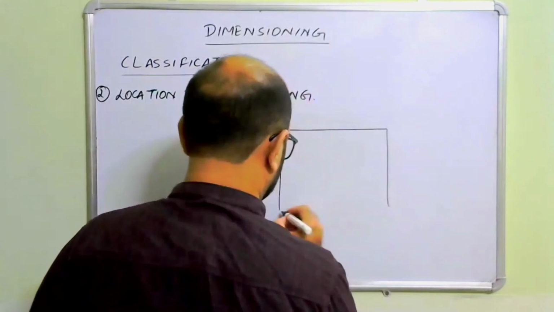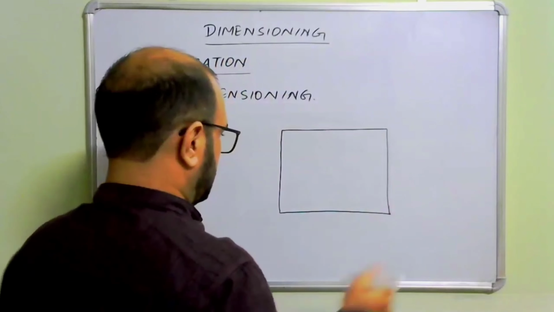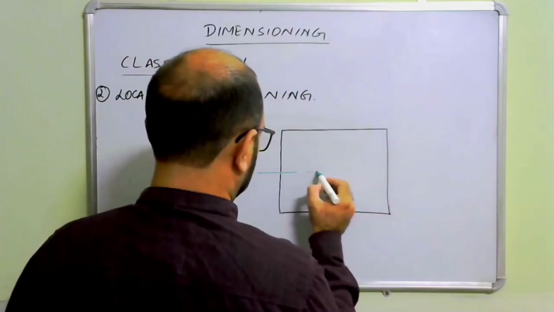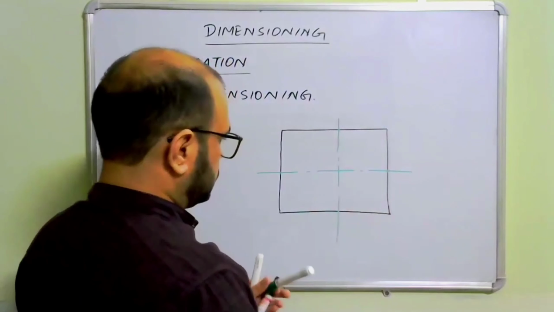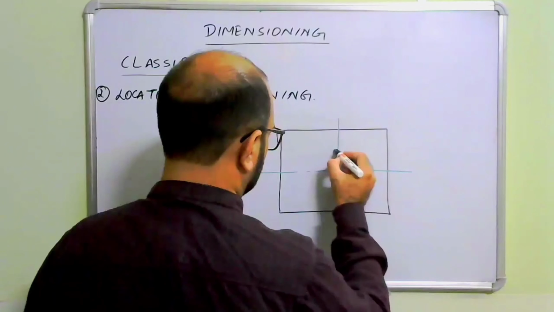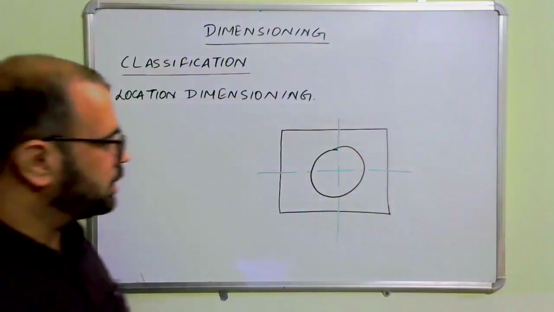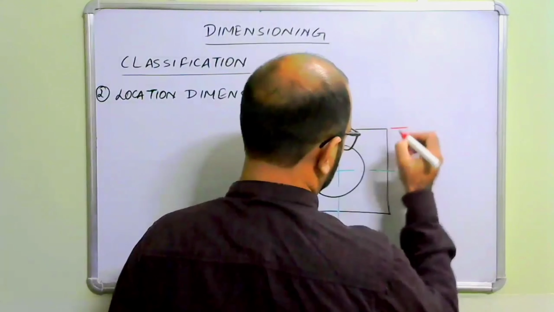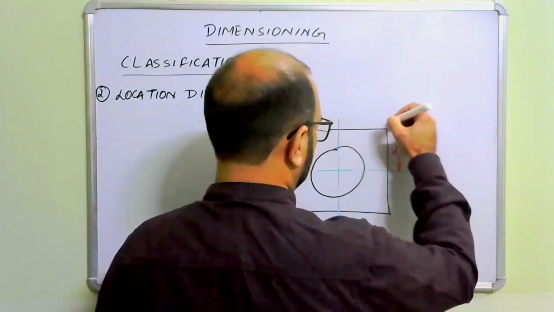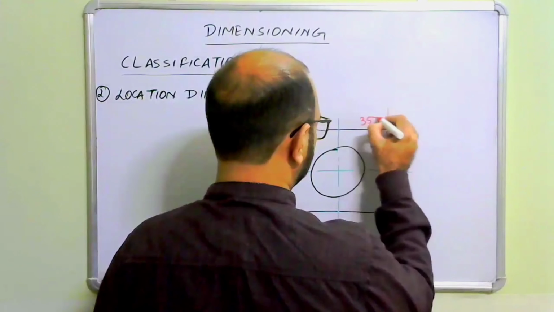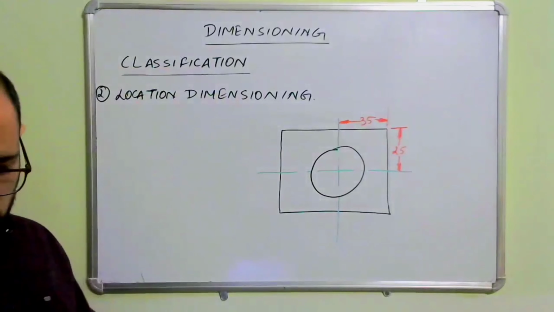So here, if you see, in this rectangular plate, again I have the center line. This is the center circle or central hole. Now, if I represent it like this, that this is 25 and this is 35, what does it mean?